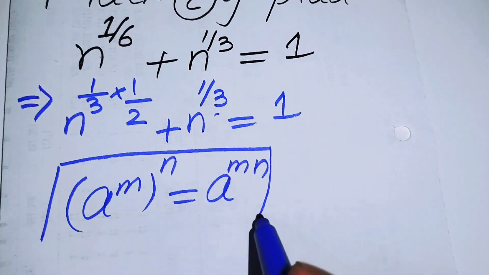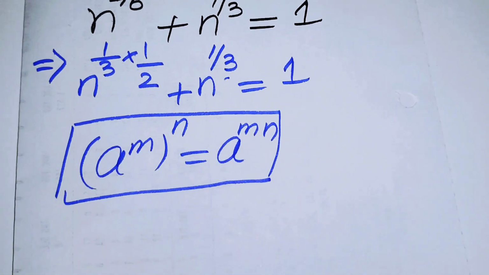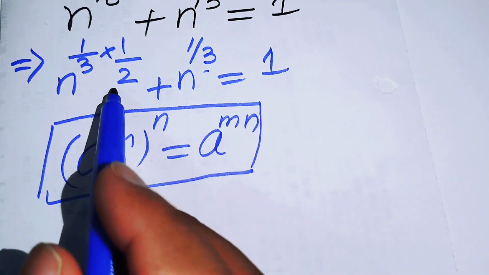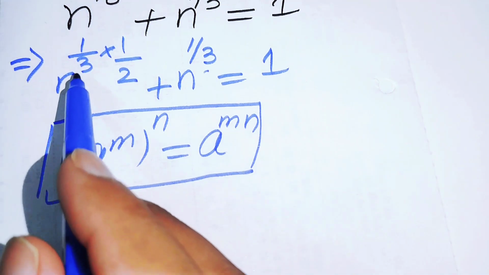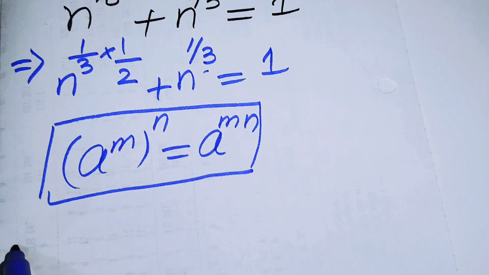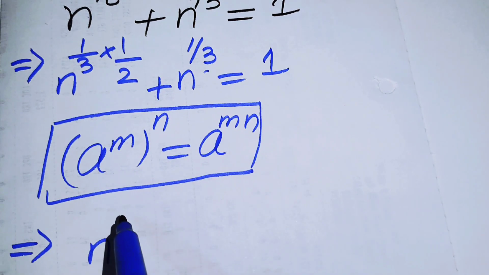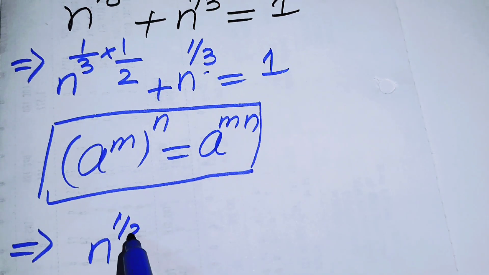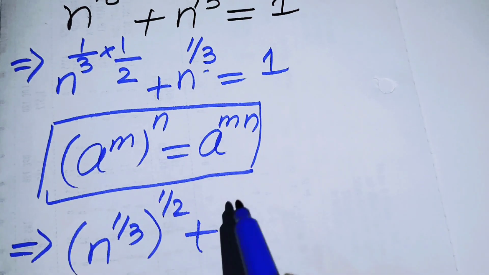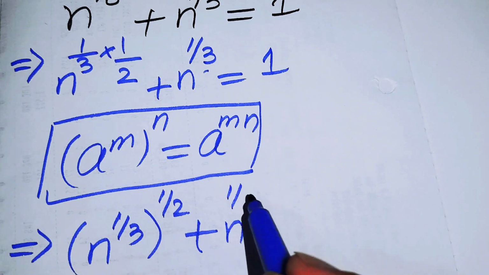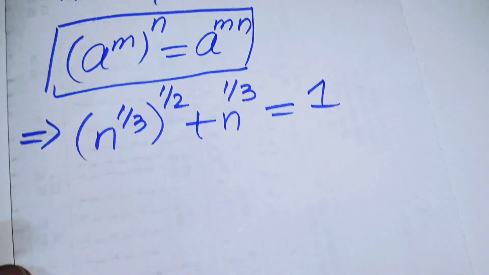So I can use this formula on the first term, so that I can write this 1/2 in the exponent of n to the power of 1/3, so that it becomes n to the power of 1/3 and its whole power 1/2, plus n to the power of 1/3, and this whole equation is equal to 1.